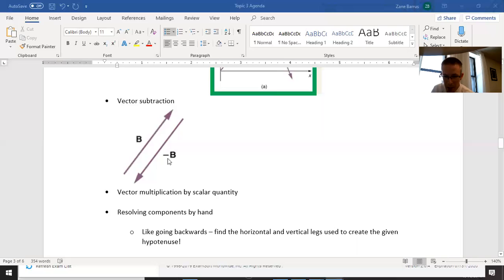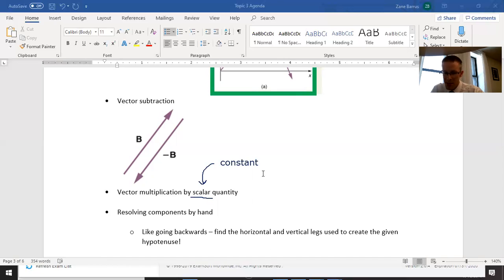Okay, so if you ever want to take a vector and multiply it by a scalar quantity, okay, scalar just means a constant. Okay, so this just means constant. So suppose for a second that I'm traveling to school. If I move to a new school that's 3 times as far away from my house as my original school was, I would simply multiply all of my vectors by that scalar quantity of 3.